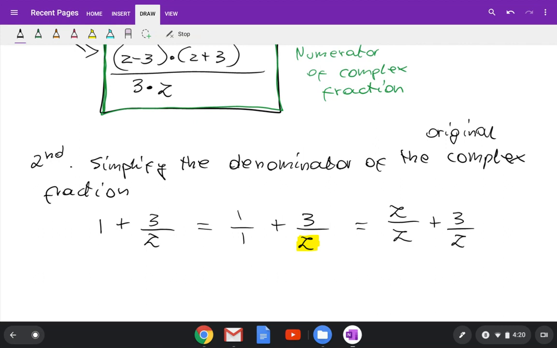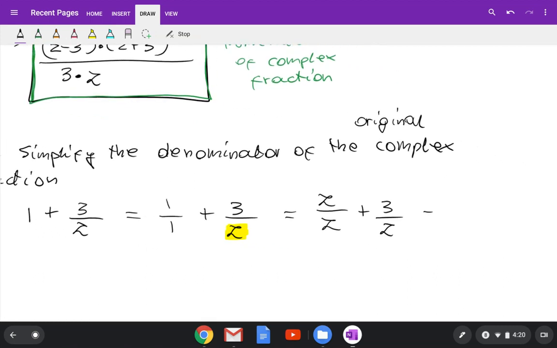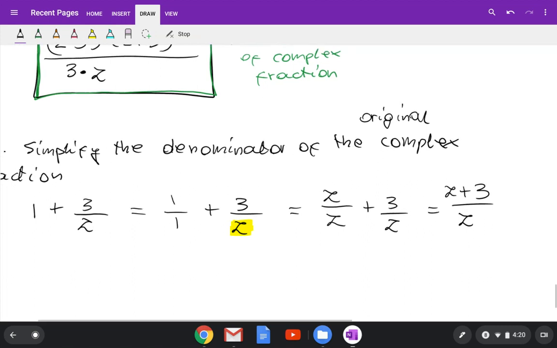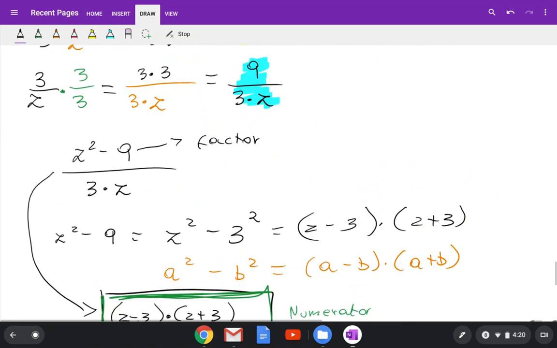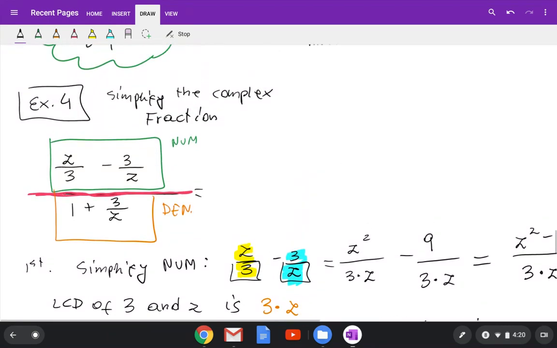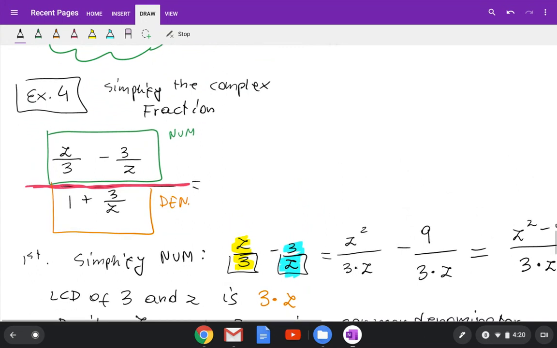So 1, you can just make it anything you want as long as it has the same expression or the same number on the top and on the bottom. And now we can simplify that. We have z as a common denominator, so just add numerators. You'll end up with z plus 3. Okay, so this is the denominator of the complex fraction.